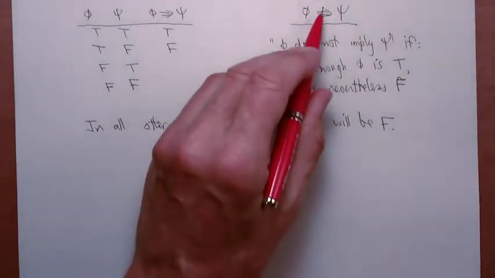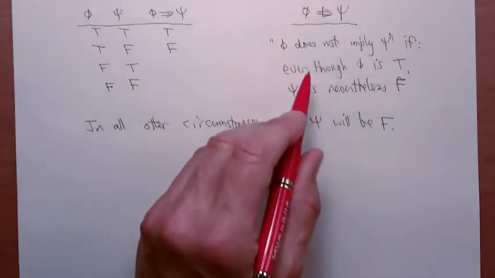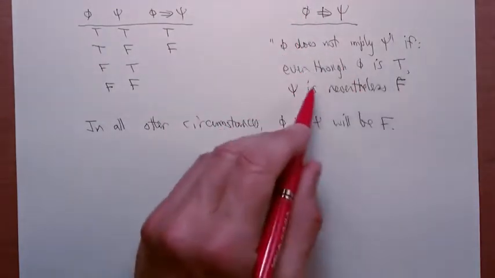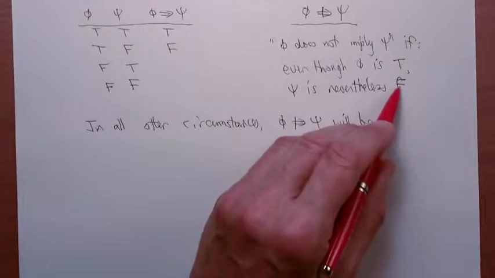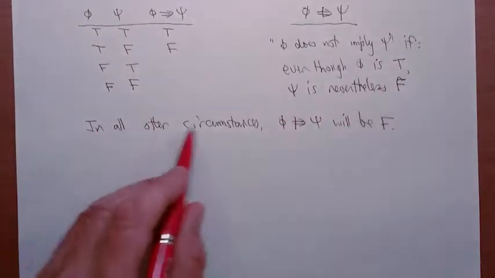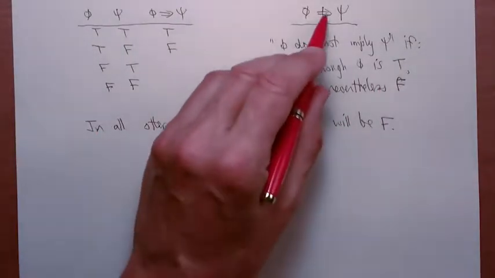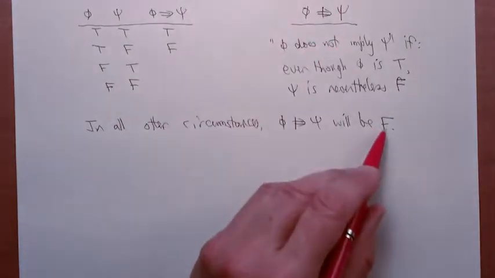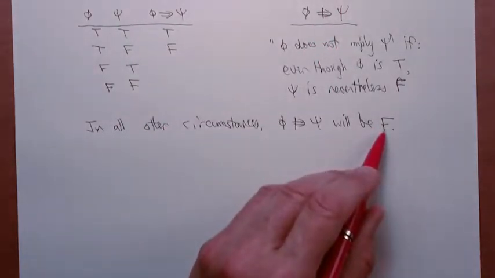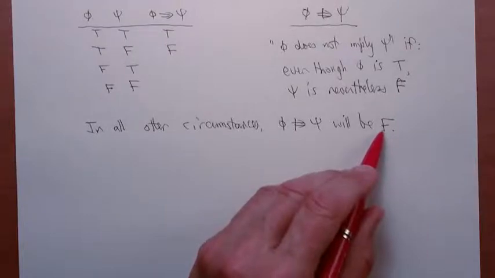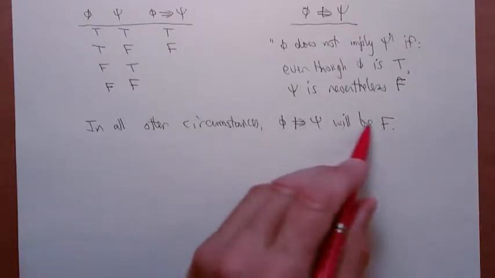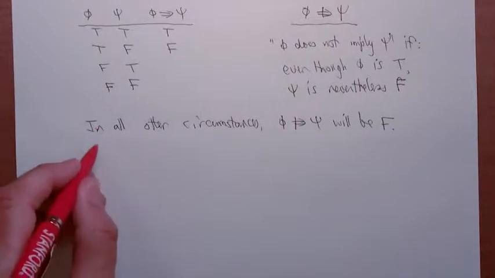Okay, this is true if you have phi true and psi false. In all other circumstances, this will be false. You still with me? Because we're only one line away from the conclusion now. Let me just rewrite that as follows.